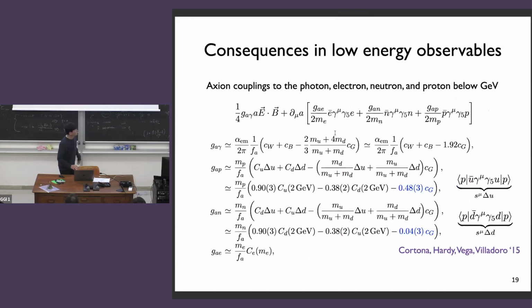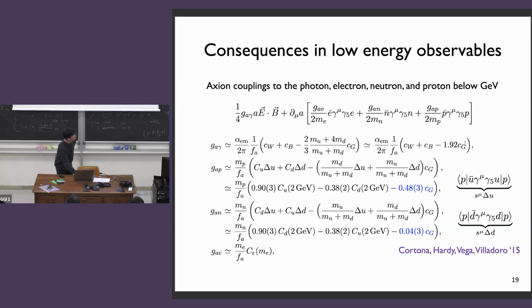But most of the axion experiments are performed below the QCD scale. Eventually, you have to consider axion couplings to the neutron, proton and electron below this QCD scale. And they can be computed by this matching at the QCD scale, 1 GeV. First of all, axion photon coupling is simply given by this sum of axion couplings to the electroweak gauge bosons.